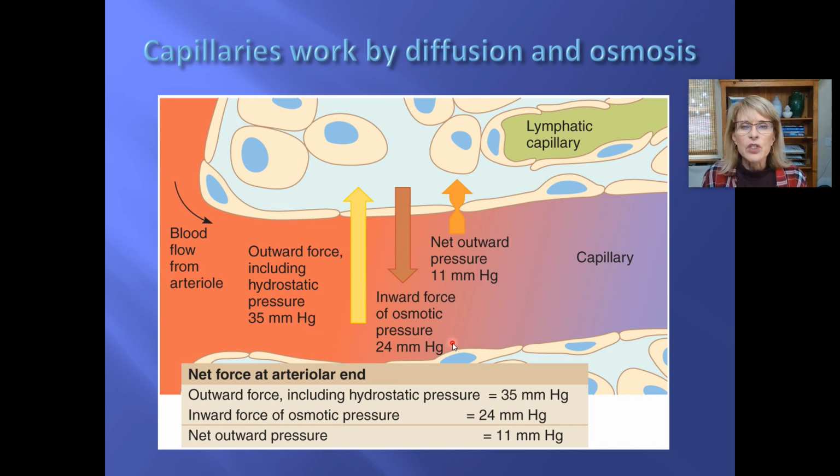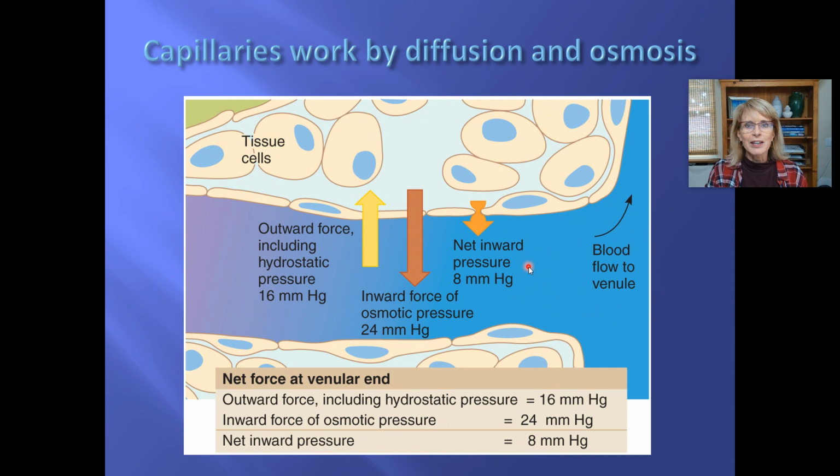Remember I said albumin was there for its osmotic pressure principle? But you'll notice that 35 is greater than 24, so out wins, okay? Hydrostatic pressure and osmotic pressure are fighting each other. Hydrostatic pressure wins, and we're going to get some water leaving at the beginning of a capillary, splashing across the cells, delivering its glucose along the way.